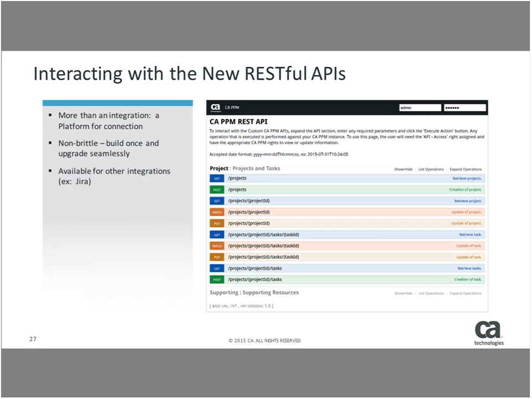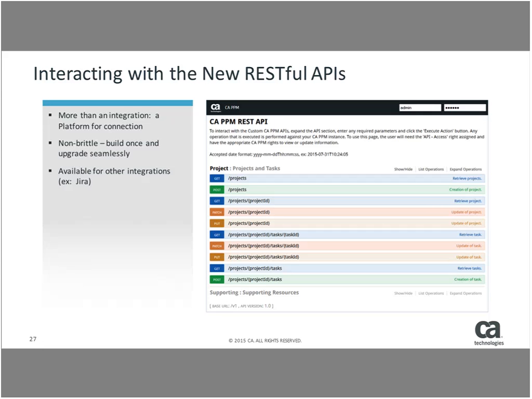If we say that we will give you a list of projects, we may change all the plumbing or all the mechanics behind the scenes, but the way you ask us for a list of projects doesn't change from version to version. As long as you're expecting a list of projects, we will give you a list of projects in the appropriate format. So that's one of the benefits there.